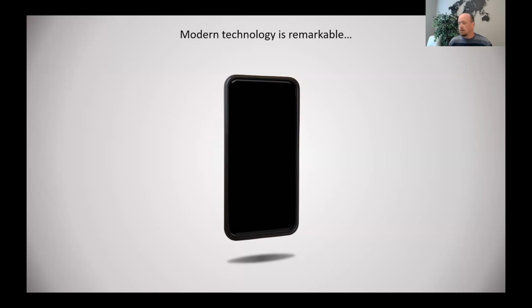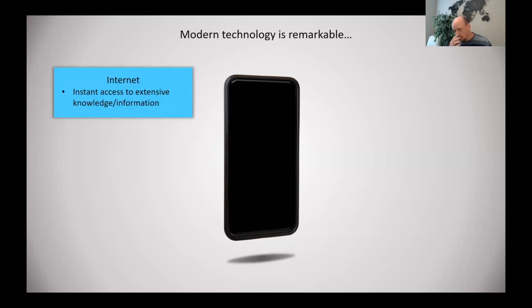Many people have smartphones these days, and it provides you with a lot of good things, a lot of distractions as well, but a lot of good things. On one hand it connects you to the internet, and I think it's easy to take for granted the knowledge and the information that we have at our fingertips if we have a quick and stable connection to the internet.